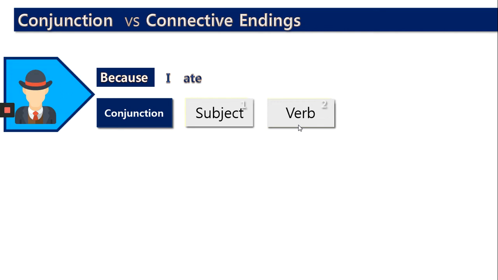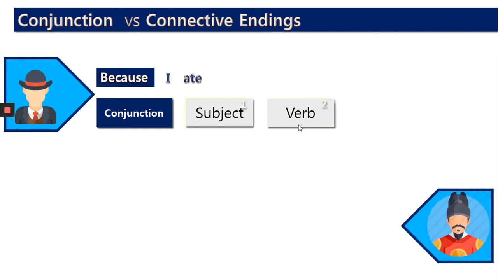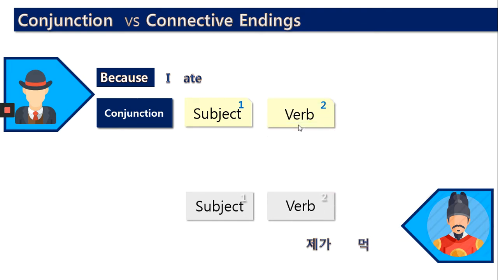In the Korean language, word order is sometimes the same, sometimes opposite, as you already know. Subject 제가, verb 먹, I ate 먹어, right? But instead of using a conjunction, you must know this: in English, because is a conjunction, but in Korean, because is a connective ending.